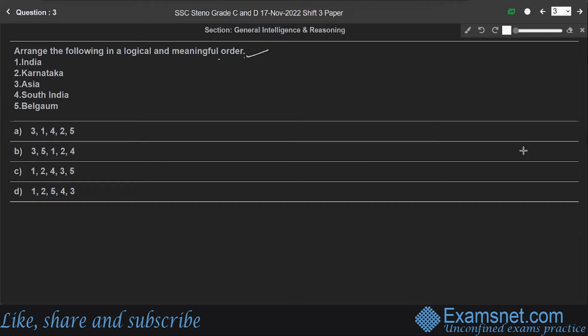Question number 3. Arrange the following in a logical and meaningful order. India, Karnataka, Asia, South India and Belgaum are given. Here we have to arrange the geographic hierarchy from larger to smaller.